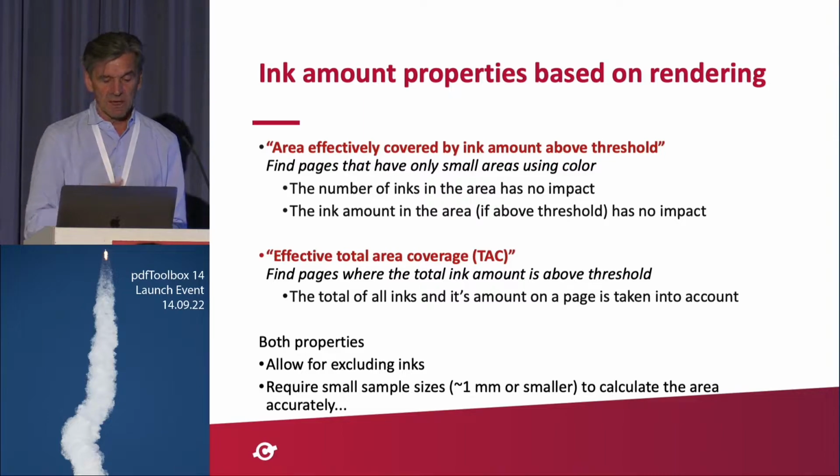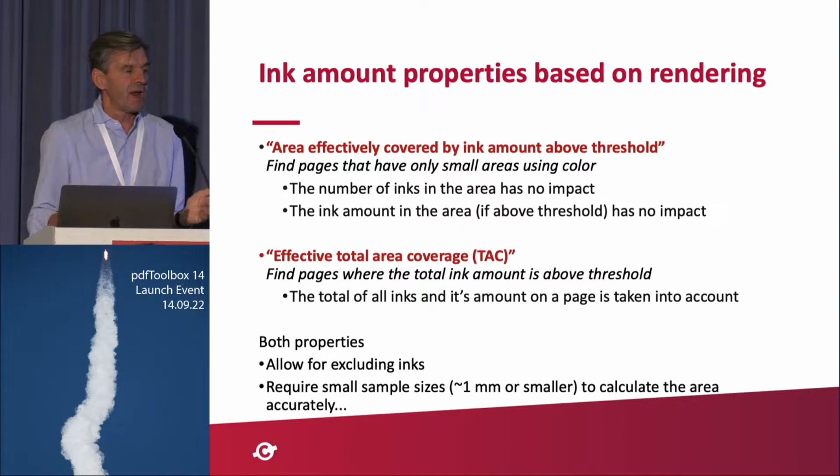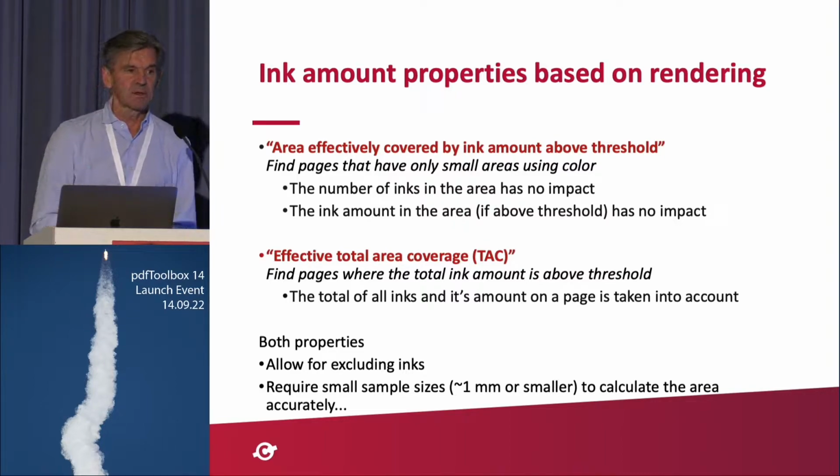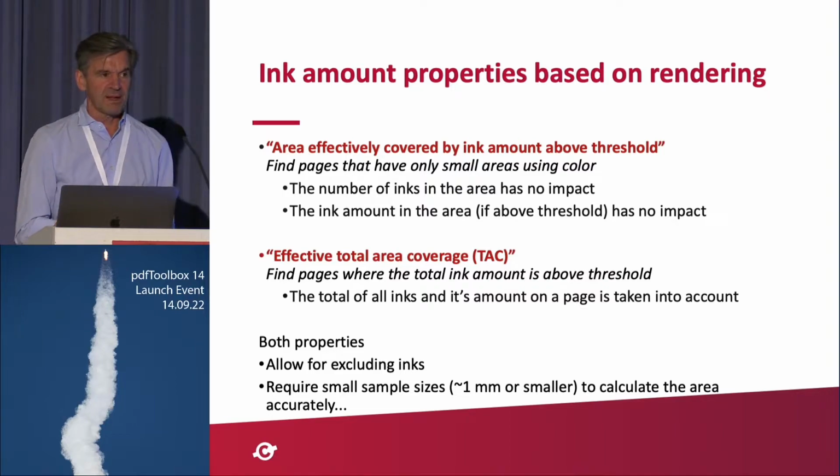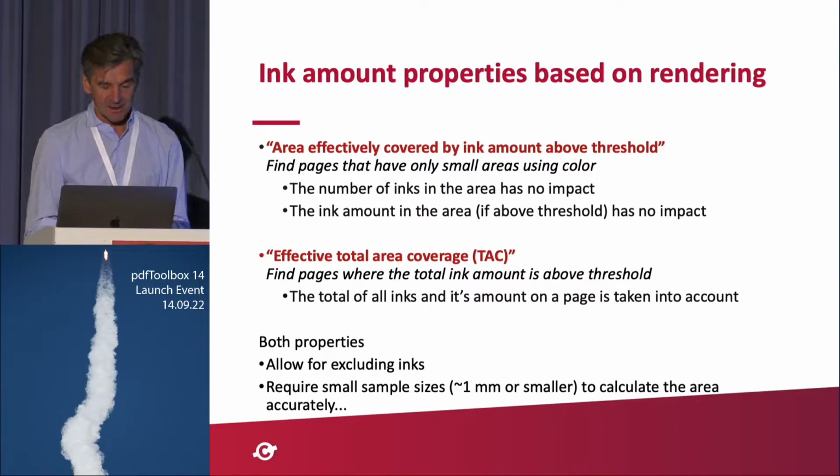That means in the first case you can only get 100% for the area effectively covered. You can never have more than 100% of the page being filled by color. For the second one, you can get up to the number of colorants that you have times 100%. So for CMYK, you can get up to 400%, which would be a strange page, but in theory, at least, that is possible. Okay?